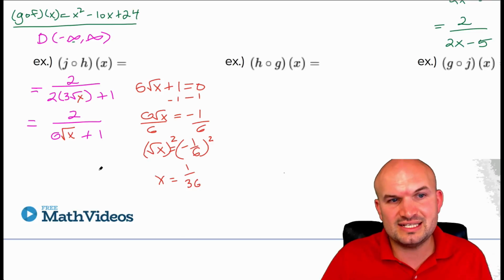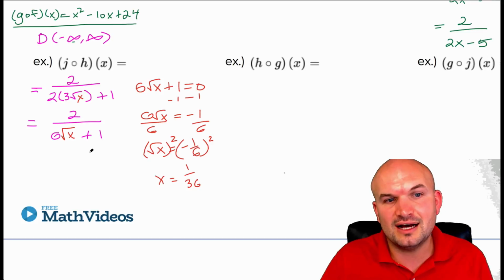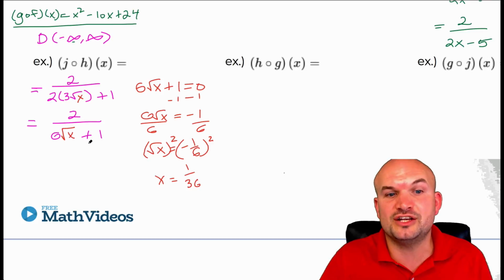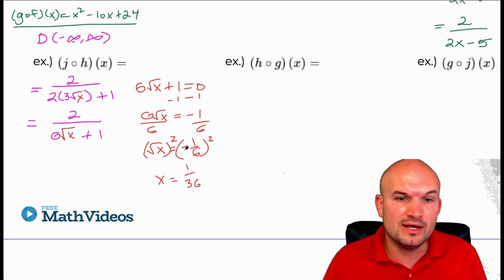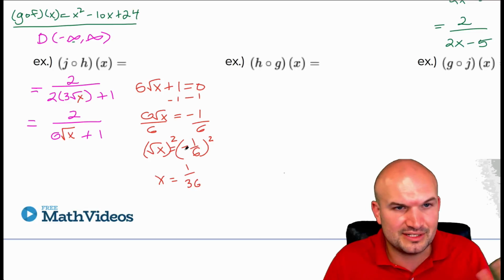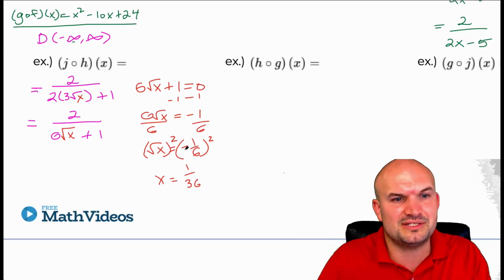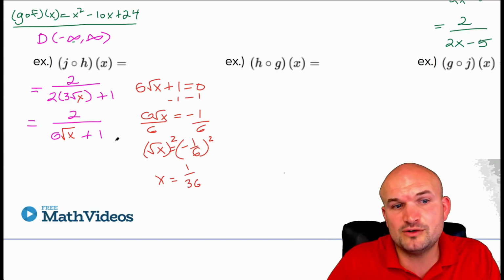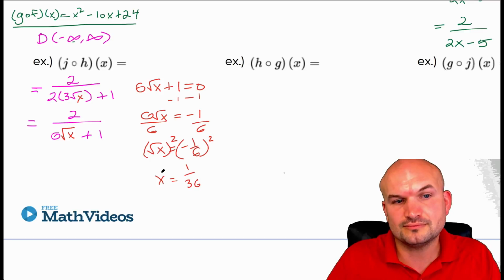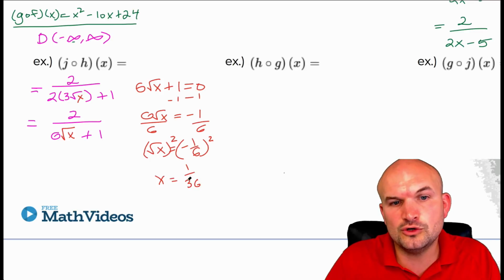So guess what? This is not going to be undefined, at least for that value. So therefore, it is defined for the value of 1 over 36. Oh, and I forgot to mention, I got carried away because I made that mistake. So we don't need to worry about this new restriction here. It is defined for 1 over 36.